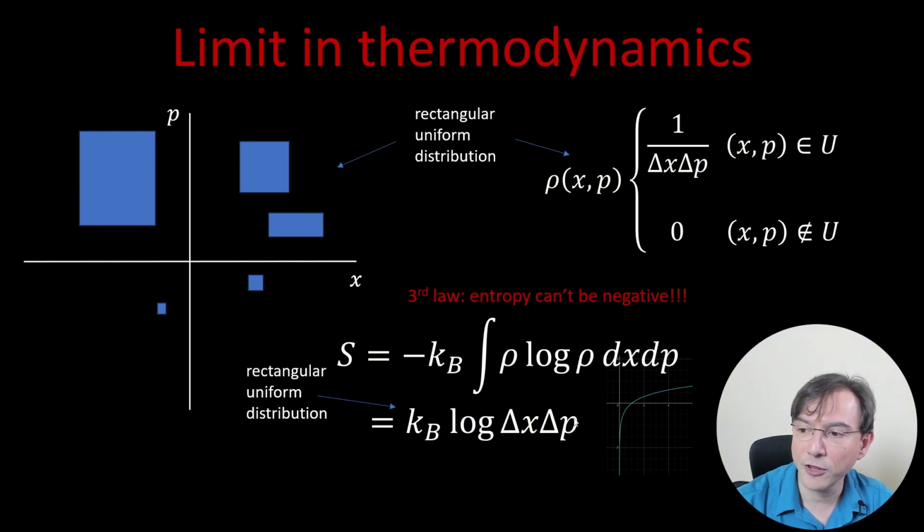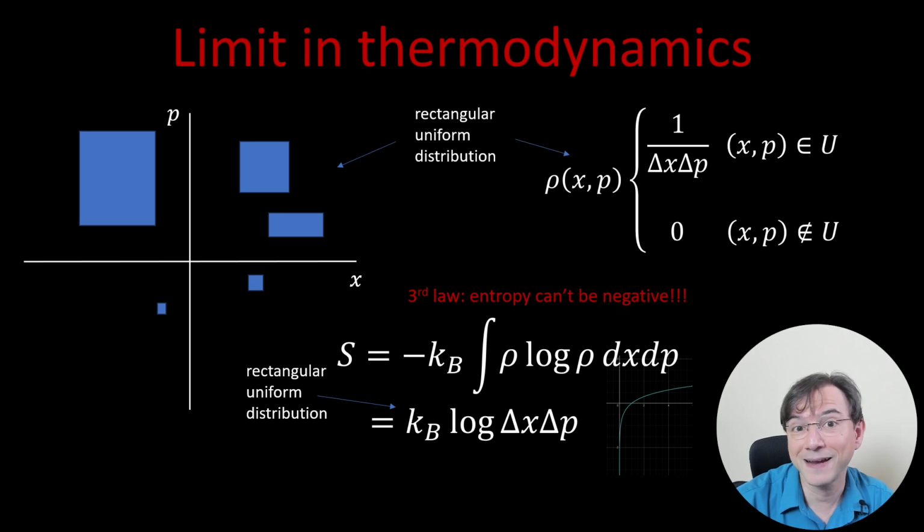And the logarithm is a monotone function, so we can imagine shrinking delta x and delta p. At some point we are going to cross zero and have a negative entropy, and in principle we have no lower bound on the entropy and can get it as arbitrarily negative as we want. And this, of course, is a problem.